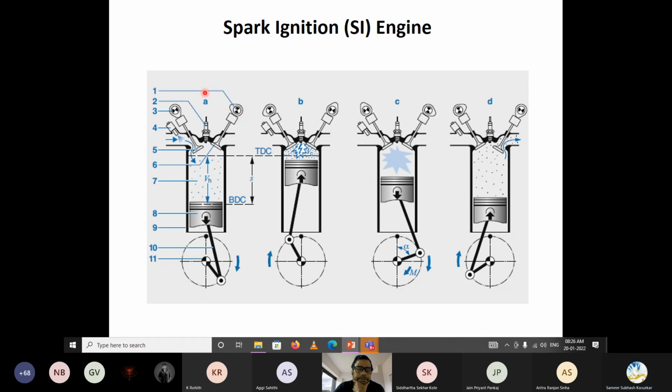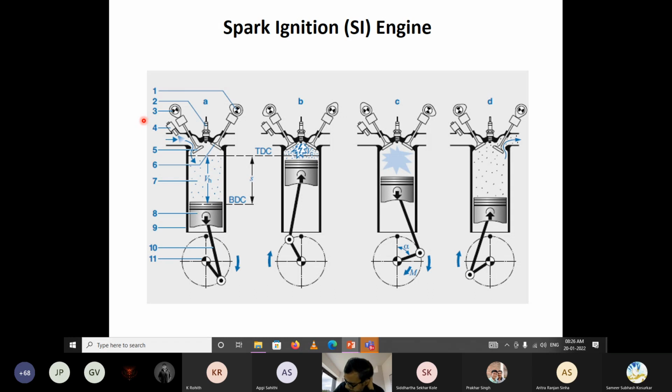Cam. Okay. Second, a spark plug. Very good. Third, camshaft. You said cam, something else.